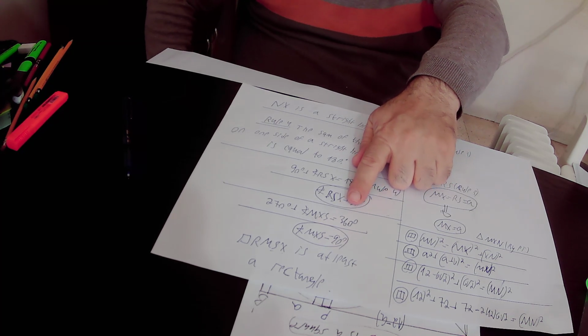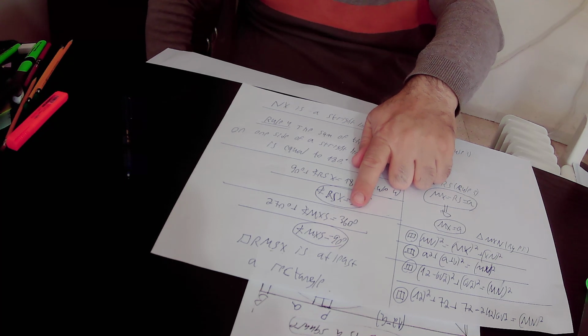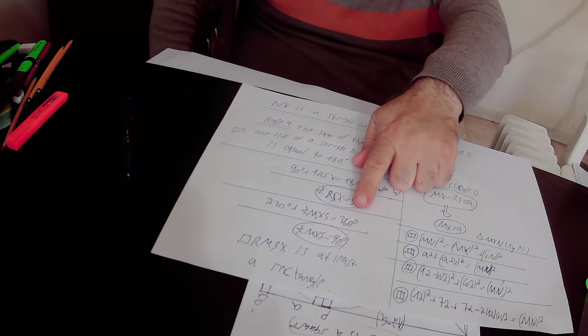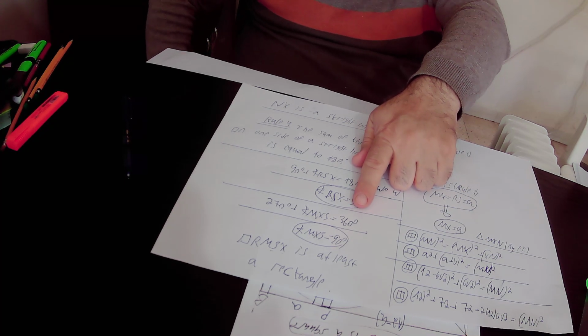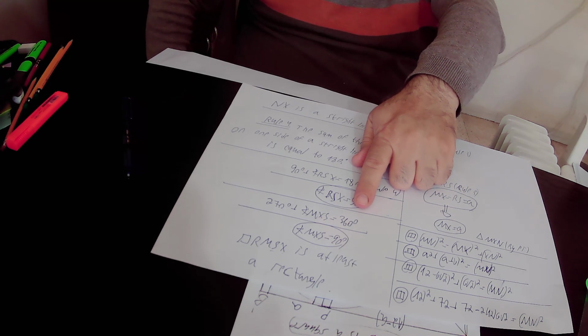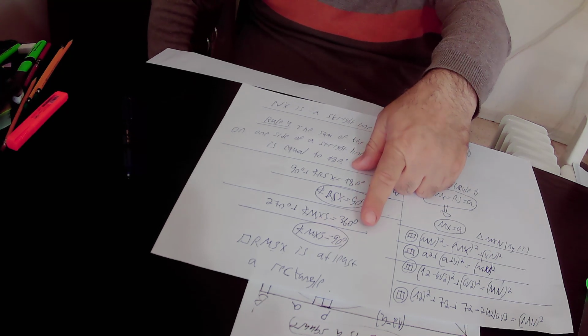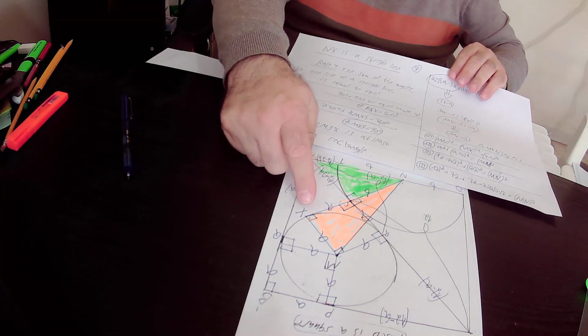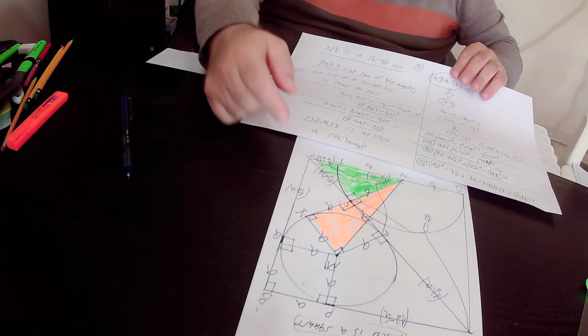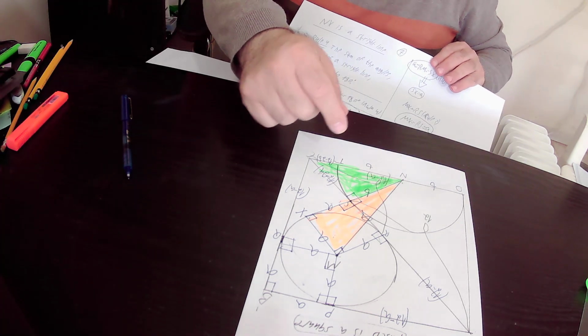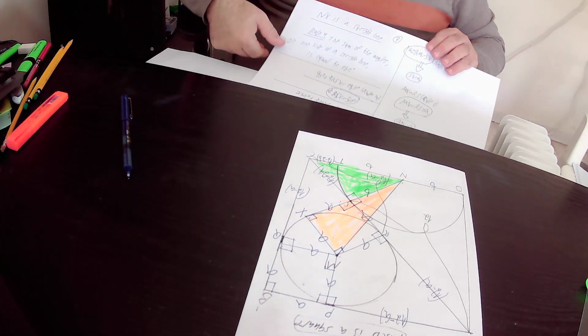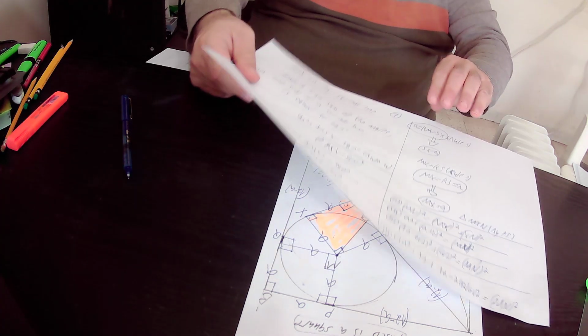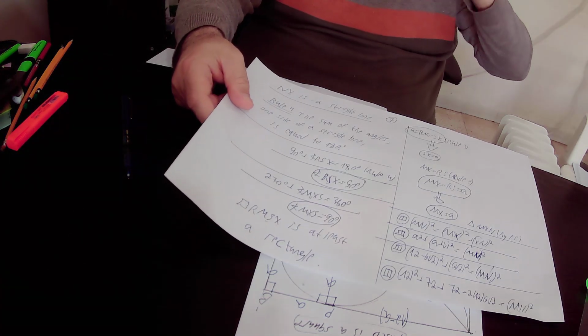So we subtracted 270 degrees from this equation, and we got that the value of angle MXS is equal to 360 degrees minus 270 degrees, which equals 90 degrees. So we found out that this angle MXS is equal to 90 degrees. Therefore in quadrilateral RMSX we have 4 right angles. Any quadrilateral that has 4 right angles must be at least a rectangle.